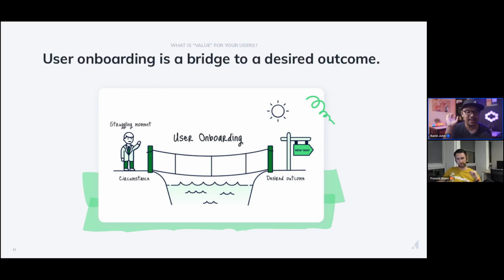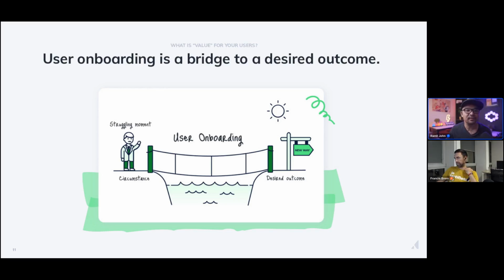Like, here's what the best land flowing with milk and honey looks like, right? And your onboarding is that bridge to guide them from their current circumstance to where they'd be. And that's what value is: what does the promised land, what does the desired outcome look like for them? And getting them there is the goal of the whole onboarding experience.